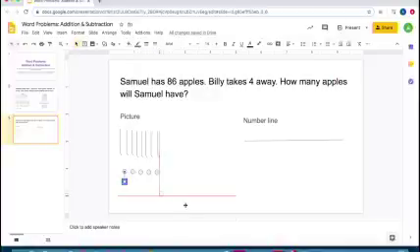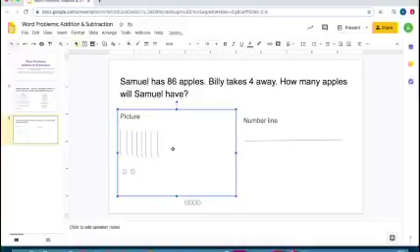So I might take these, 1, 2, 3, 4 apples, and move them away. Now, this is what Samuel has left. Samuel has still that 80: 10, 20, 30, 40, 50, 60, 70, 80, 81, 82.